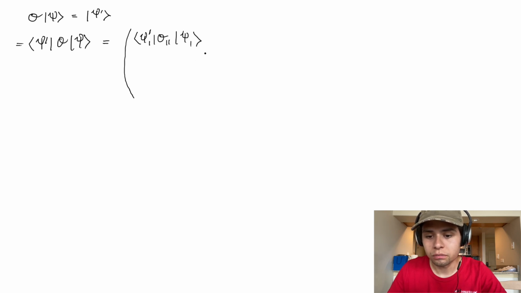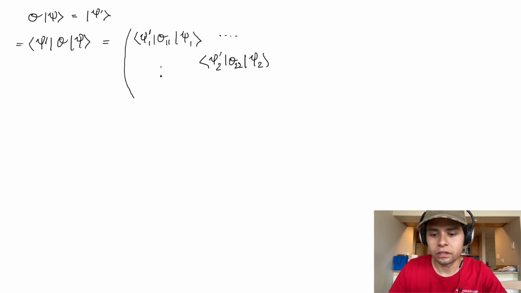Okay, so it would look something like this perhaps. And you can see the structure of this matrix now. It looks a little bit something like this, and I'm just completing the matrix a little bit with these dots.